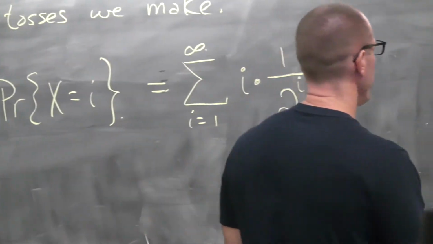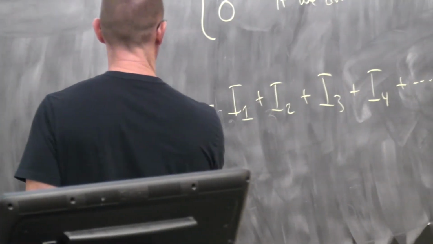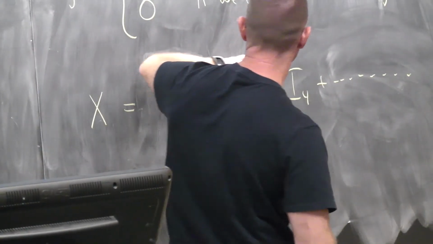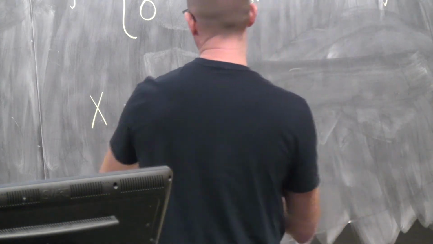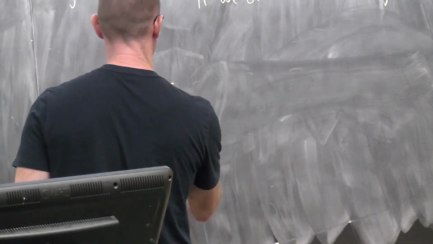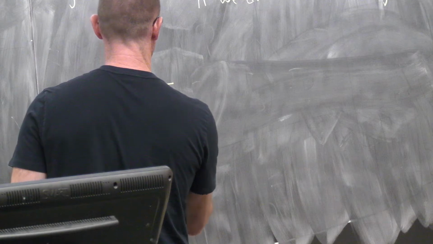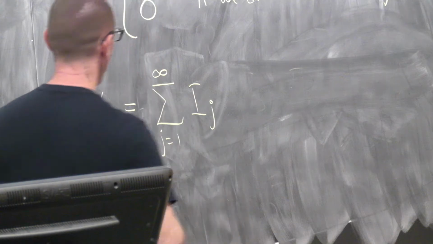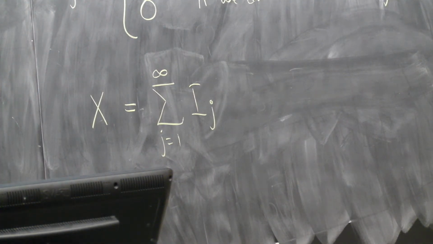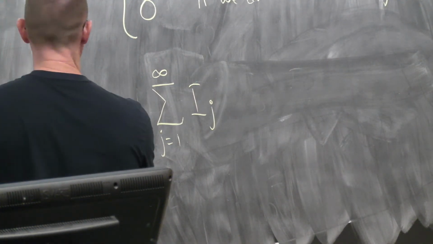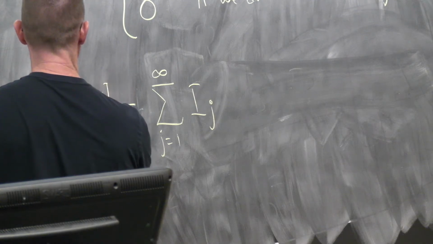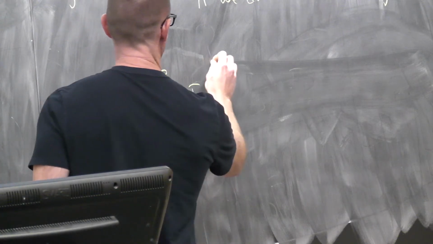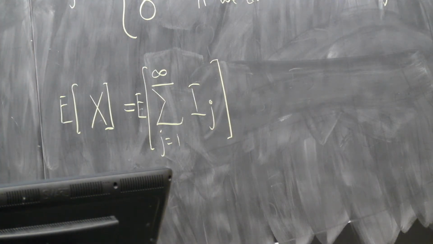Now, let me write this a little more precisely as a sum: x is the sum as j equals 1 to infinity of I sub j. And we were interested in the expected value of x. That's what we're trying to study. So we're interested in the expected value on the right-hand side as well.